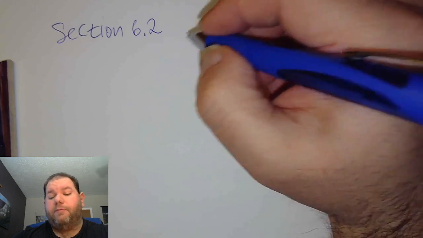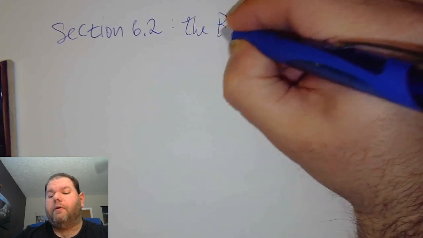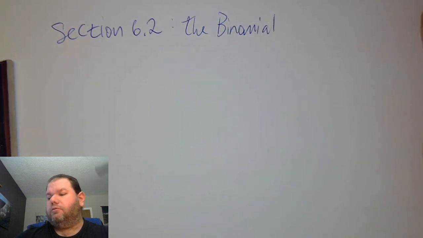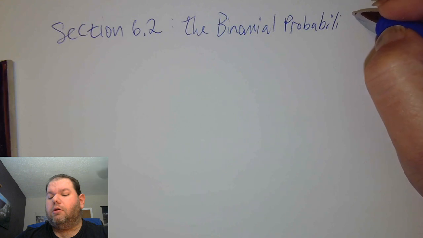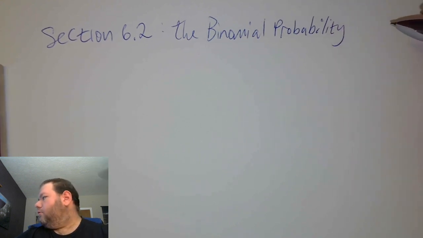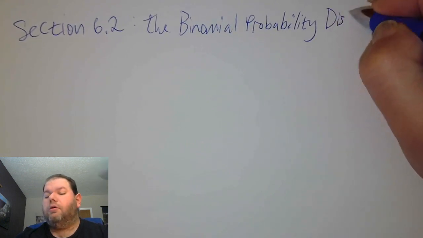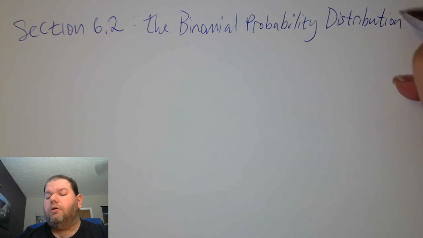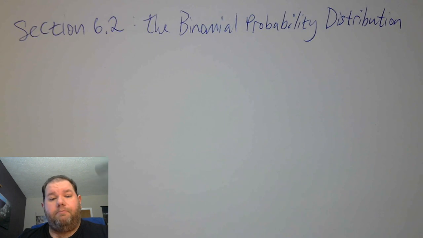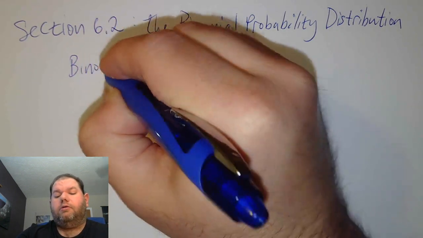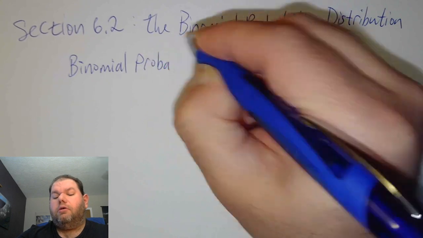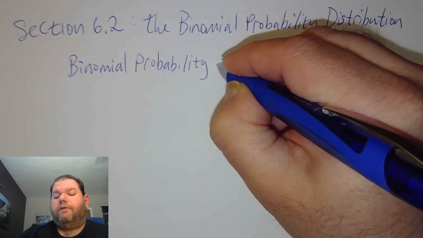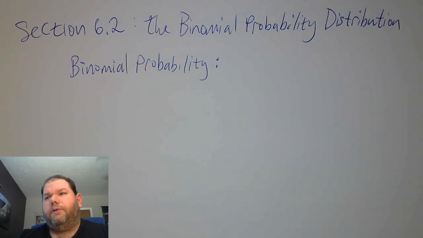This is on the binomial probability distribution. And when we talk about binomial probability, this describes a situation where all outcomes can be classified as in two categories.